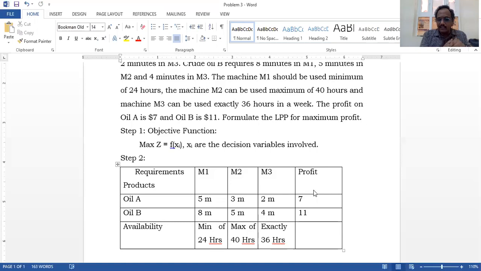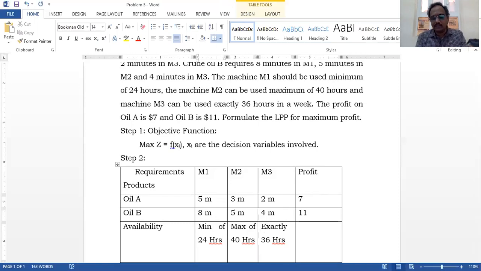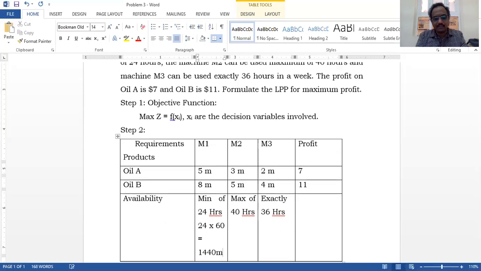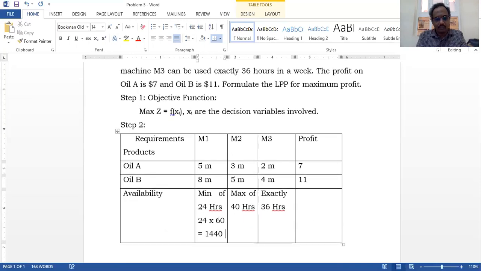As we said earlier, we should have the same units. When we check, the requirements are stated in minutes, but the availability is given in hours. So I'm going to convert this into minutes. For conversion of hours to minutes, we are going to multiply by 60. We know that very well: 1 hour is equal to 60 minutes. So 24 multiplied by 60 is 1440 minutes.